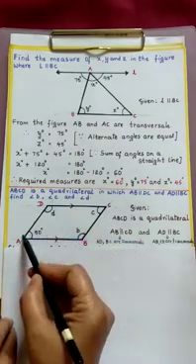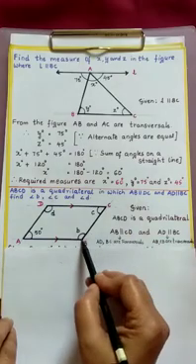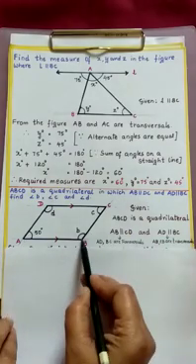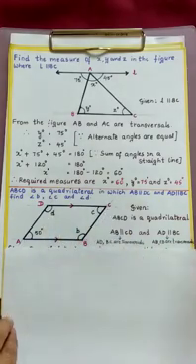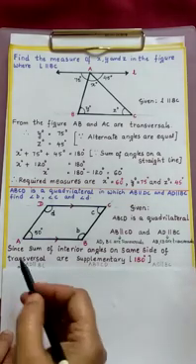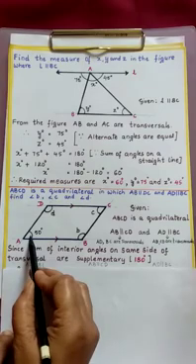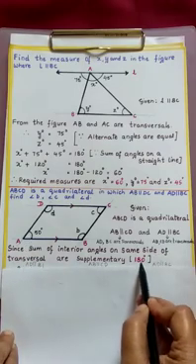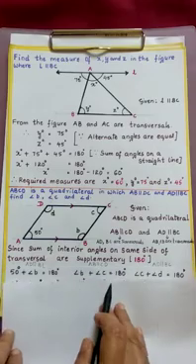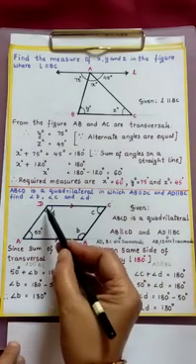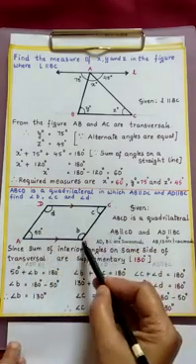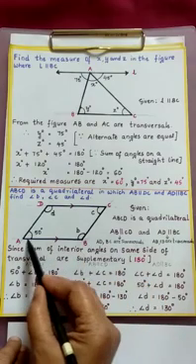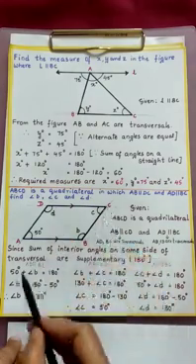Suppose AD is parallel to BC, then what are the transversals? AB and CD are the transversals. Now, as we know, the sum of interior angles on the same side of a transversal are supplementary angles. Now first let us consider AD is parallel to BC. Then what are the transversals? AB and CD are transversals.